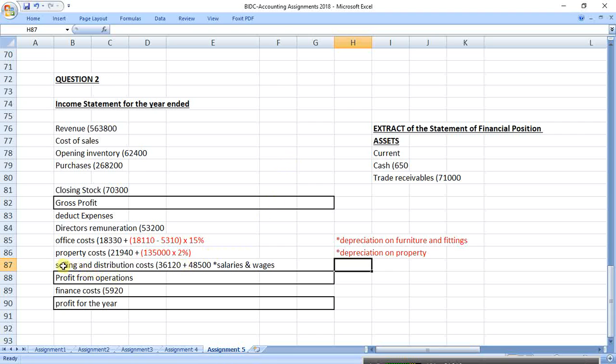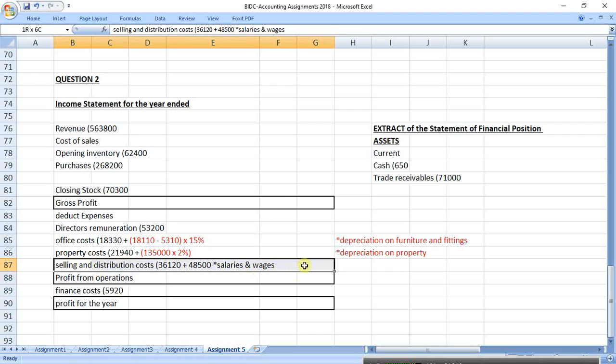Motor vehicles, 25% reducing balance method to selling and distribution. Okay, so here they've told us take it to selling and distribution. How much was the depreciation? 25%. What method? Reducing balance. So we need to show that as well. Plus open brackets 4,600. That's the cost of the vehicles, right?